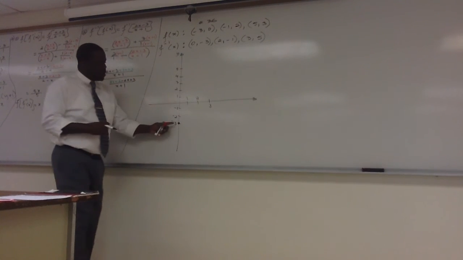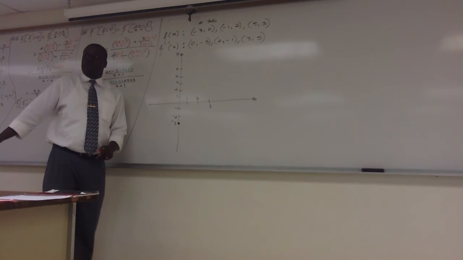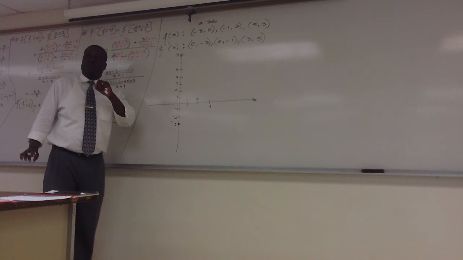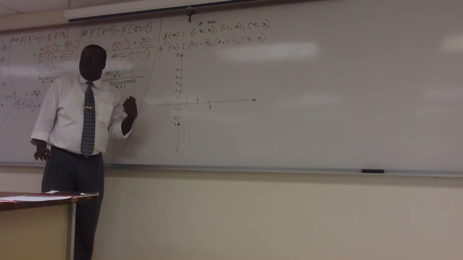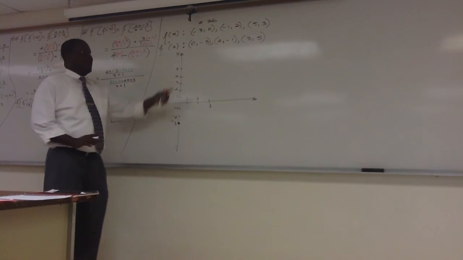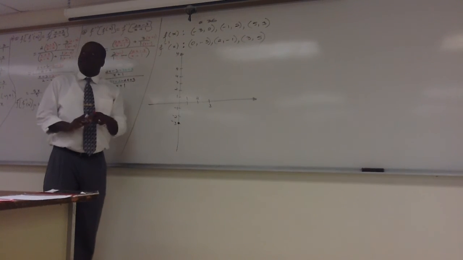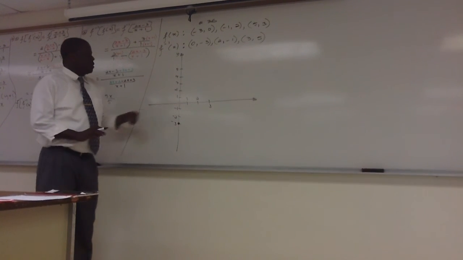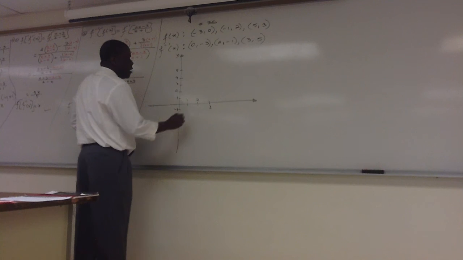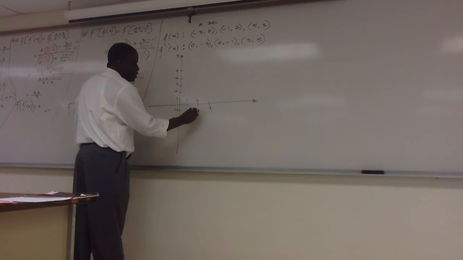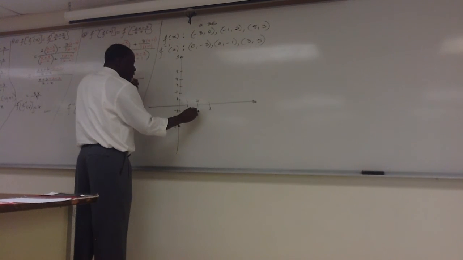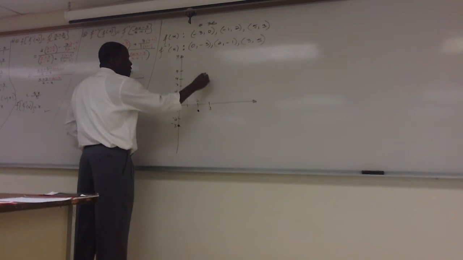I closed this one here because that's what they gave me on the original graph. The very first point was a closed point. It was not extended. Do we all see that? However, the last point was extended, so I'm going to do the same for the inverse. This is closed. 2, negative 1 would be this point here. And finally, 3, 5.